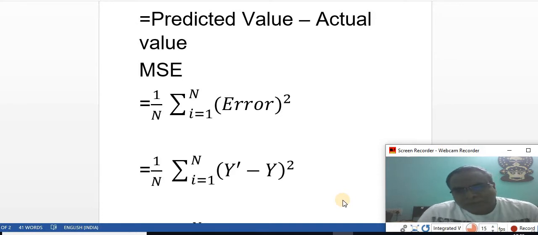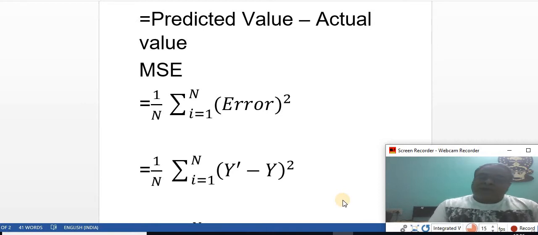Why are we using square here? When you talk about a machine learning model, error is the predicted value minus actual value. Sometimes the predicted value can be higher than the actual value, then the error is positive. If the actual value is higher than the predicted value, then the error can be negative for a particular sample. So when you sum these positive and negative values, you won't get the accurate result.